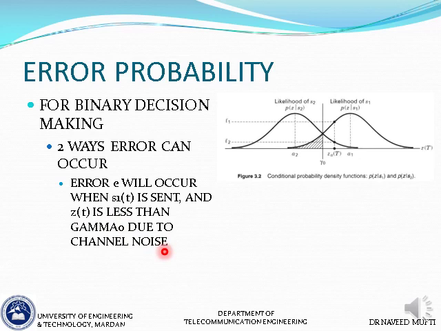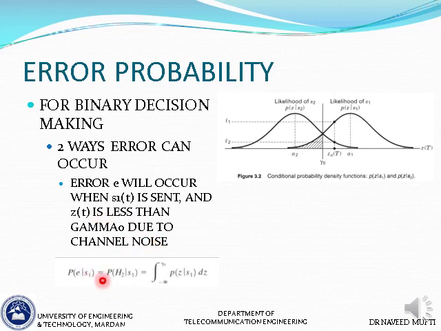That becomes a conditional probability of error, because we sent S1: the probability of error given S1. What is the probability of error given that S1 was sent? It happens when our sample value is less than gamma naught.